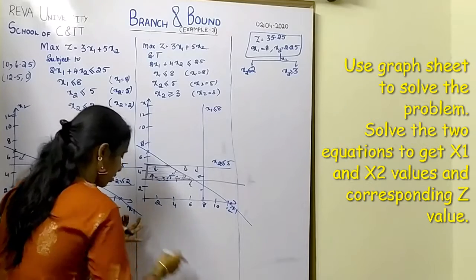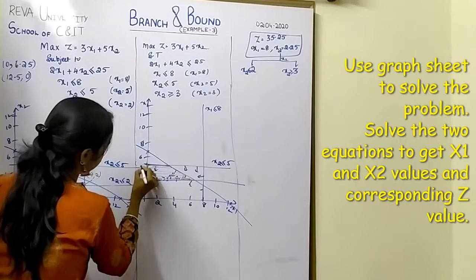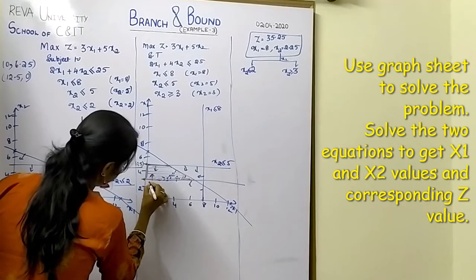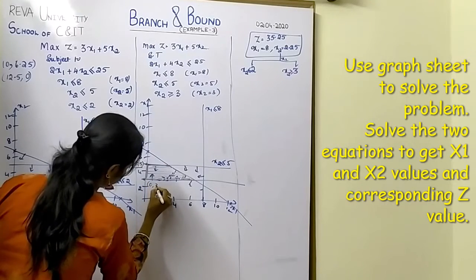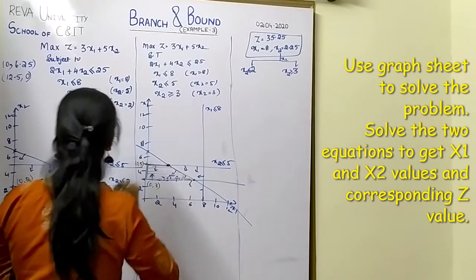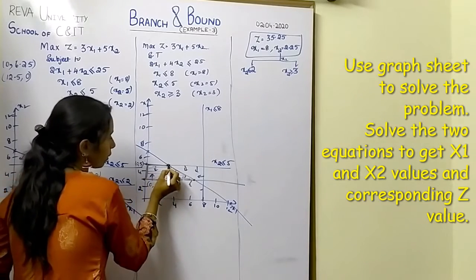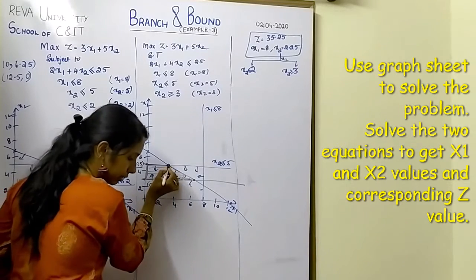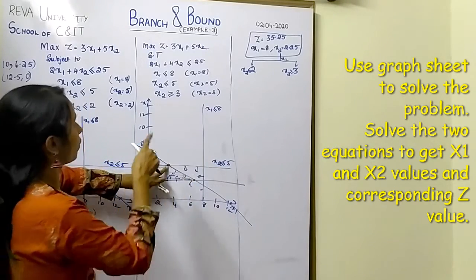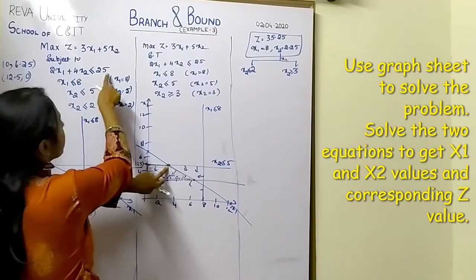What are all the points? So the points are, in this case it is x1 is 0, x2 is 5. And in this case it is x1 is 0, x2 is 3. And in this case you have to find out, and in this case also you have to find out whenever there is an intersection. And here to find out the intersecting point, what you have to do? Solve this equation. x2 is equal to 5, you substitute in this equation number 1.